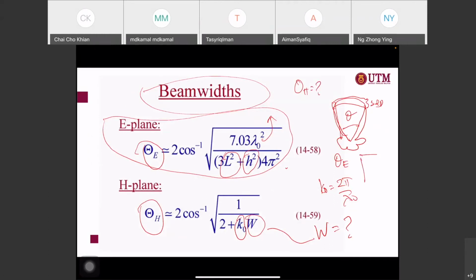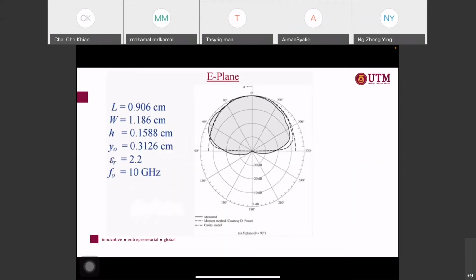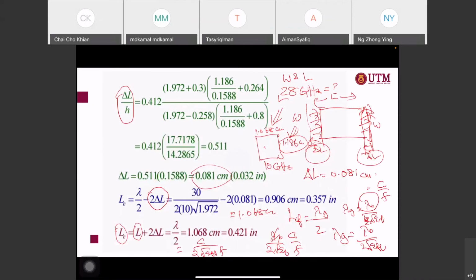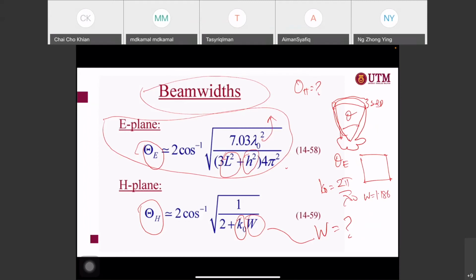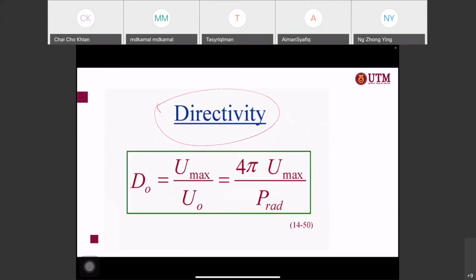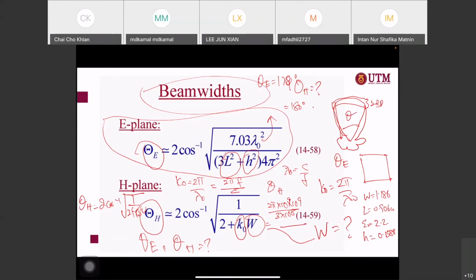Okay, from the patch that we obtained before at 10 gigahertz, L is 0.906, W is 1.186, epsilon R is 2.2, and H is given as 0.1558. You put these into this equation, where W is given as 1.186 centimeter. Make sure that you change everything to meter.